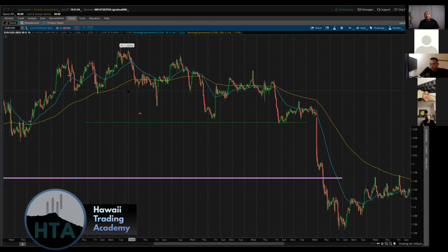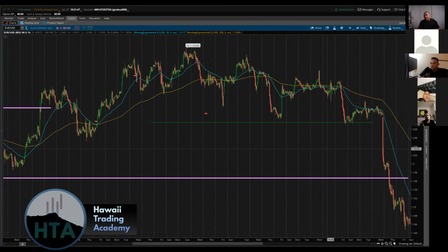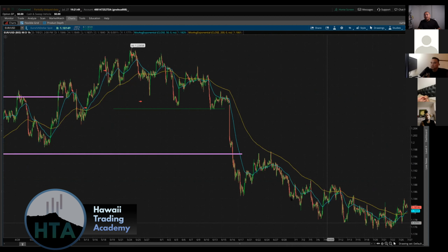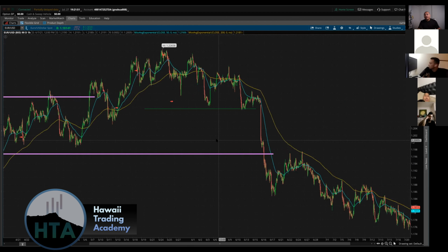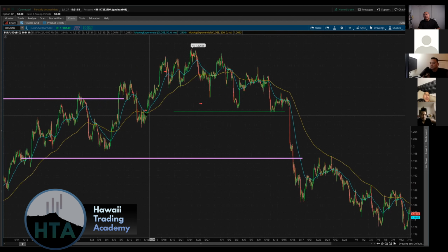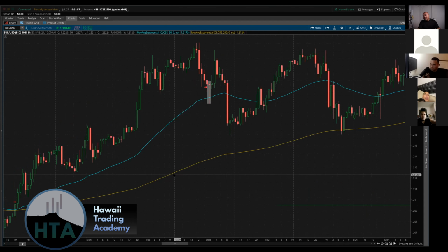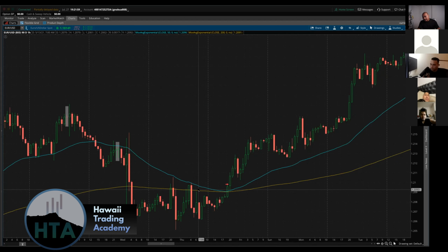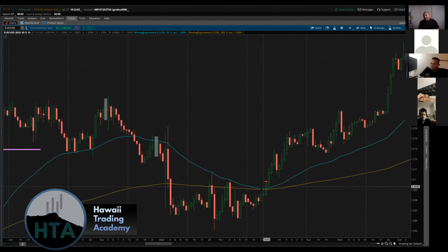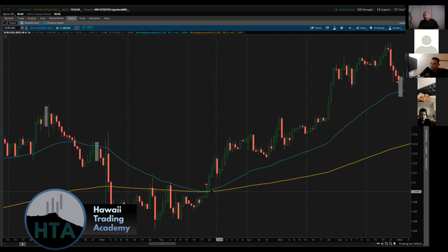Meaning, let's just look at an example. Let me zoom out. Okay. So we can start from here. So when price, oh, this isn't a good cross, but usually, where is it?